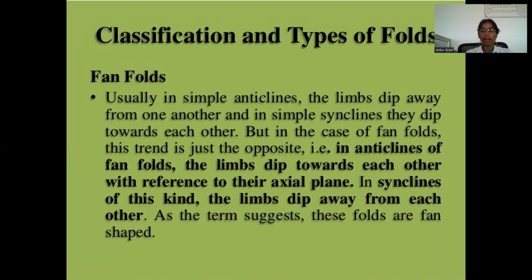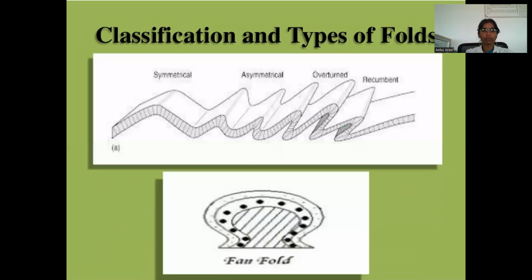That is, in anticlines of fan folds, the limbs dip towards each other with reference to their axial plane. In synclines of this kind, the limbs dip away from each other. As the term suggests, these folds are fan shaped. Then it is called a fan fold.